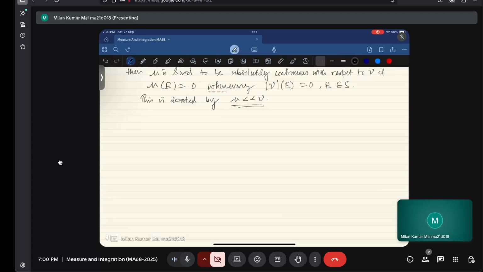Okay. In that case, there exists a Radon-Nikodym derivative, and that is what it is called.